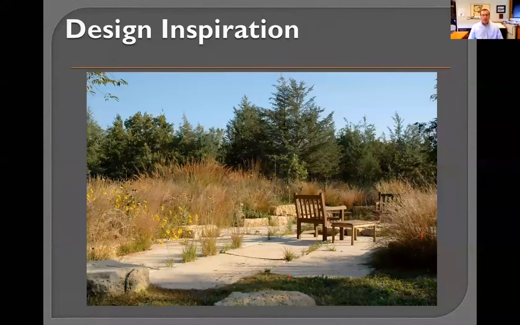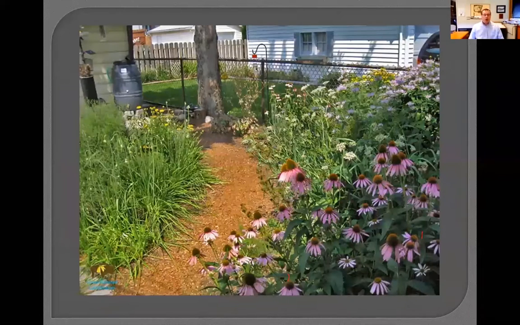I like this because it has, again, the tiered look of the taller canopy of trees, taller grasses working to shorter grasses here around their fire pit. And the use of limestone is really attractive, both as a patio and the stepping stones. Simple garden path with a rain barrel leading to a garden shed.